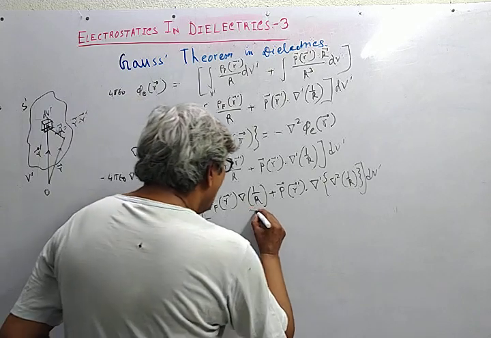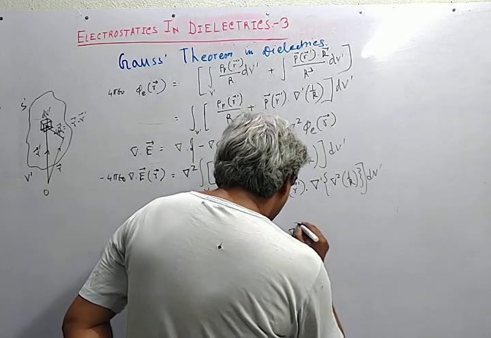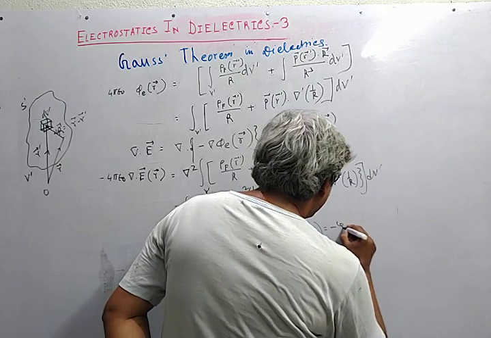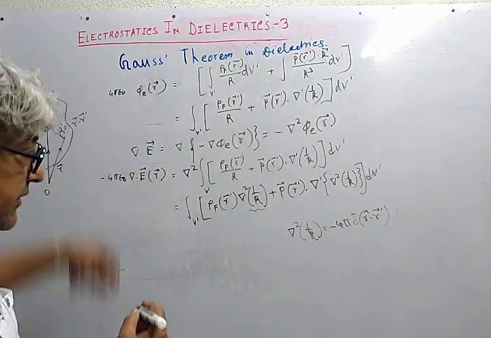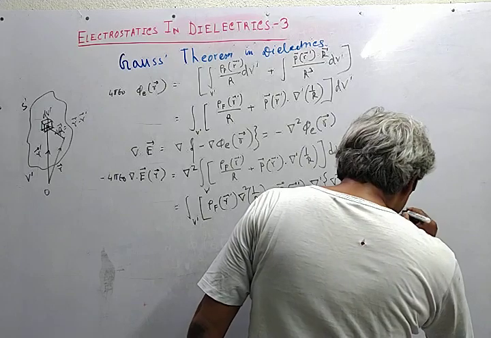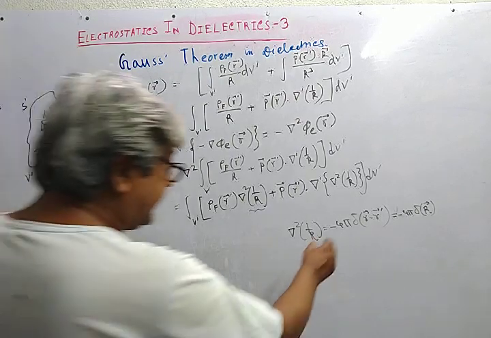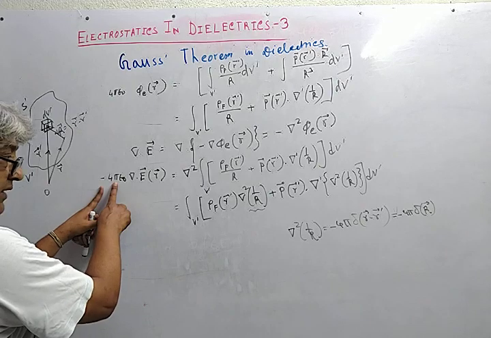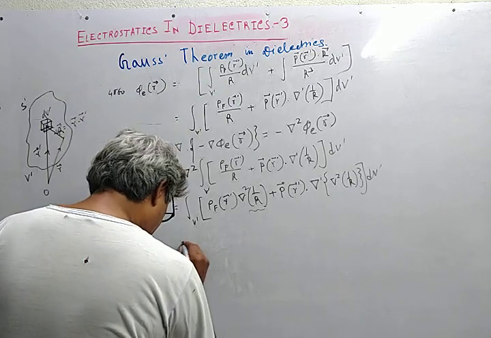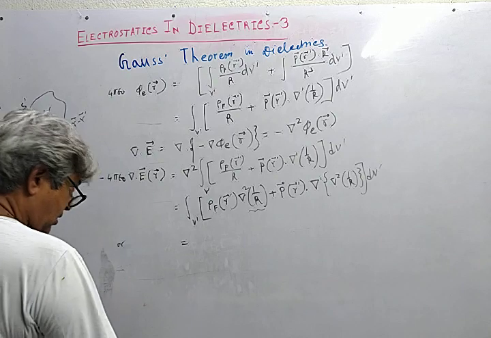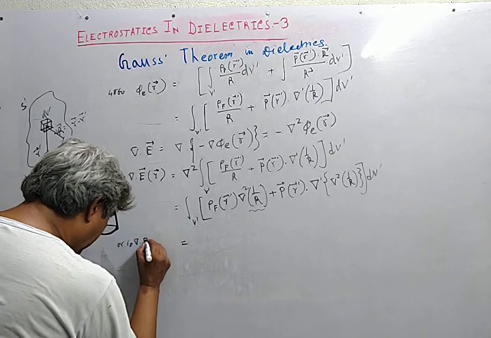Now, what is this? We know that the Laplacian of 1 upon R is equal to minus 4 pi delta of r minus r prime, because the R vector is r minus r prime, or this is equal to minus 4 pi delta of capital R. So if we write this minus 4 pi factor, it cancels this, and we get epsilon 0 divergence of E on the left hand side.